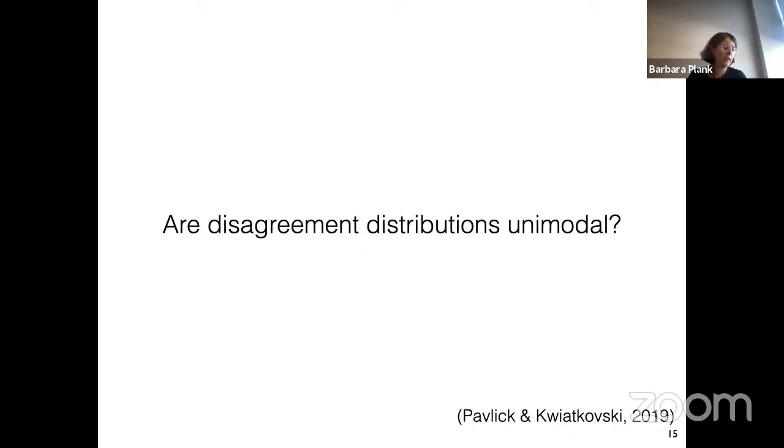Another take on this is a study by Ellie Pavlick, which looked at the following: we have seen that disagreements are not noise, they are not randomly distributed, but can it still be the case that they are just unimodal? Can we model them with a single Gaussian distribution, and would that capture the disagreement?